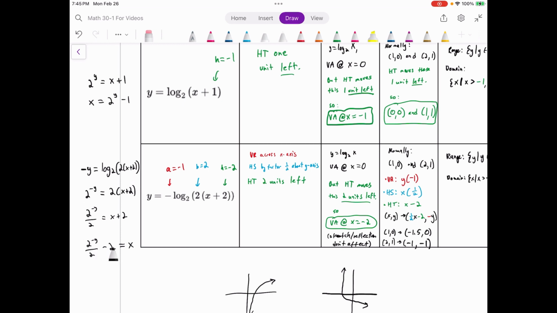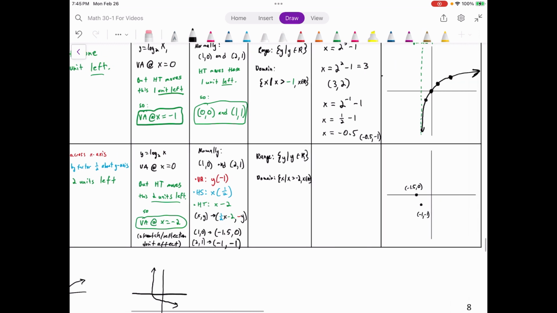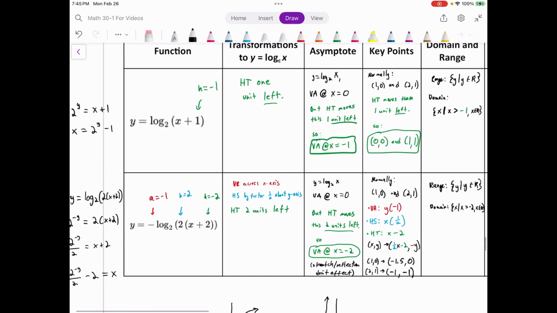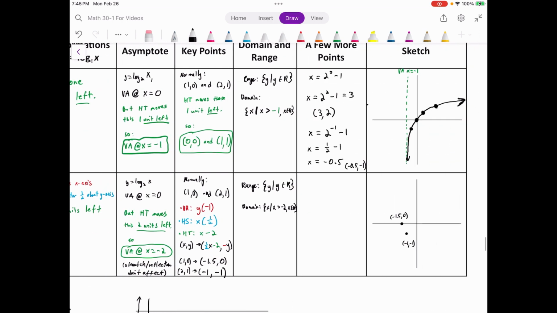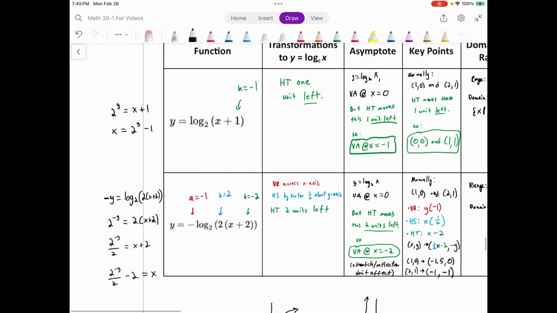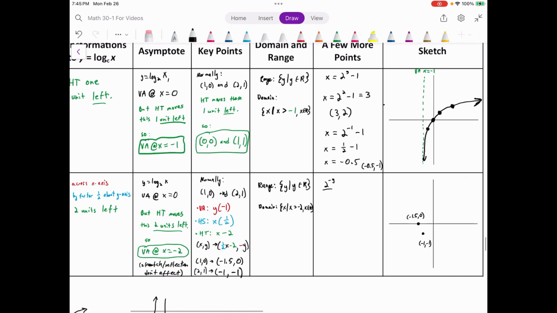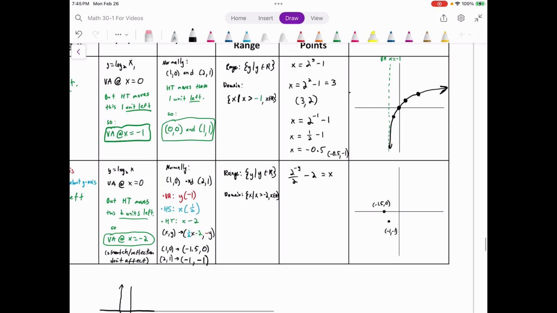We've got the equation, so let's put in some y's we don't know, and that can give us a few more points to help fill in the gaps. So the equation is 2 to the negative y over 2, minus 2, is equal to x. So let's figure out some x's and some y's, some points that go on our graph.